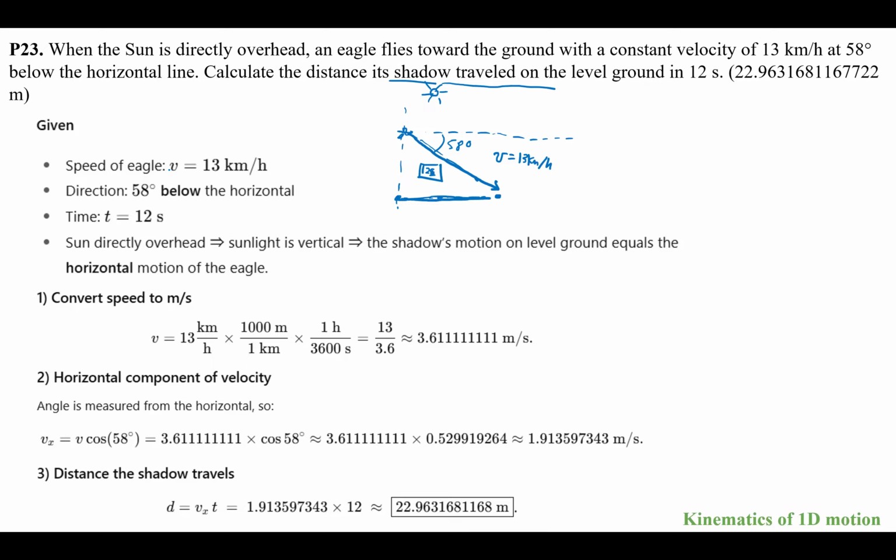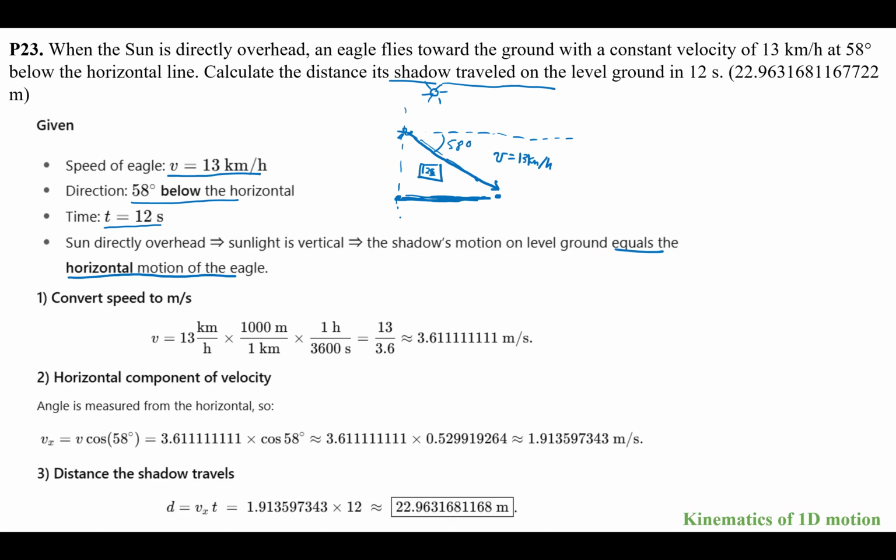So let's try to summarize what is known. Speed of the eagle is this. Direction is 58 degrees below the horizontal, and the time is 12 seconds. With the sun directly overhead, sunlight is vertical, so the shadow's motion on the level ground equals the horizontal motion of the eagle.